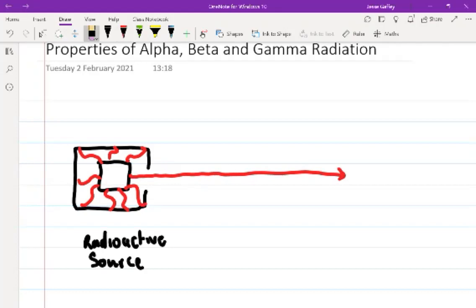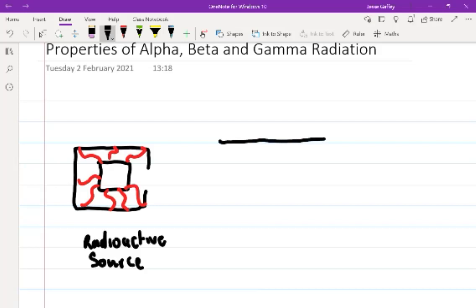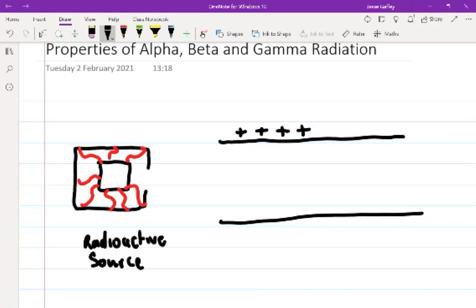Now, the first property we're going to talk about is how the different types of radiation are affected by an electric field. Scientists will apply an electric field by taking an anode and a cathode, which are positively and negatively charged plates. Anode, cathode can be seen here as positively and negatively charged plates.